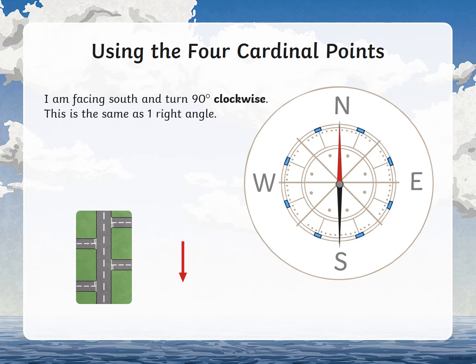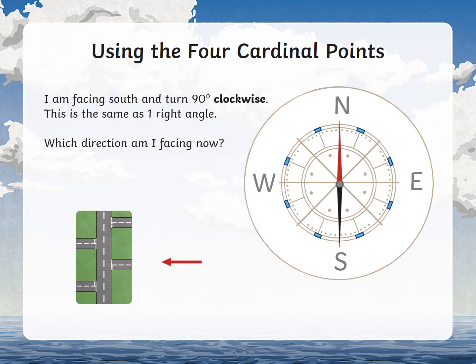Now that's the same as 1 right angle or quarter turn. Well, if you're not sure, and remember, like all our learning, what we've found, especially when learning remotely, is that when we come across a new skill that we need to practice or a new topic, it can be quite difficult. But with practice, we get there. So watch the arrow at the bottom of the screen. Let's see it turn 90 degrees clockwise. That was the same as 1 right angle.